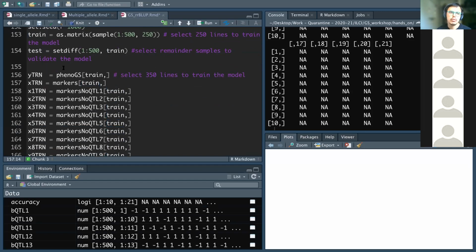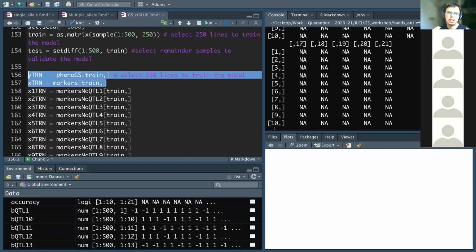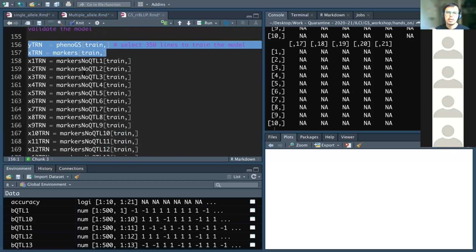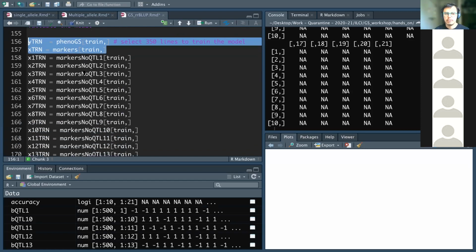And here, with that information of the training population and the testing, we're just gonna extract the phenotype and the molecular markers, because that's what we want to do. So after we identify the training population, we have to take apart the genotype and the phenotype of that training population. And we're gonna use the same for the other 20 data sets when we use the fixed effects.